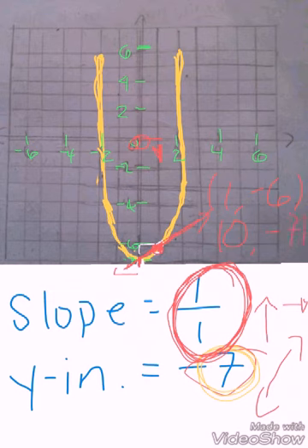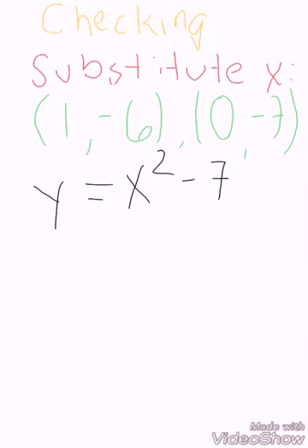After getting the solution, we're just going to check it now. In checking, we're just going to substitute the x. What is the x? The x is 1 and 0.